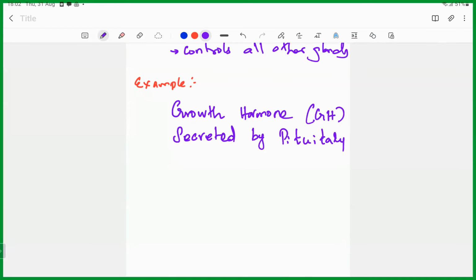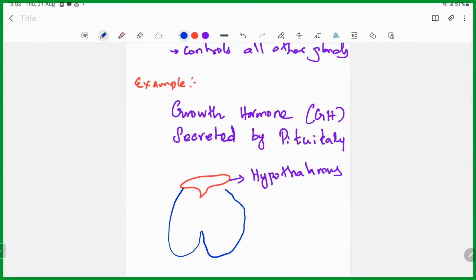See, there is one hormone called growth hormone, which is secreted by the pituitary. Just imagine this as hypothalamus, and this one you can imagine as pituitary.